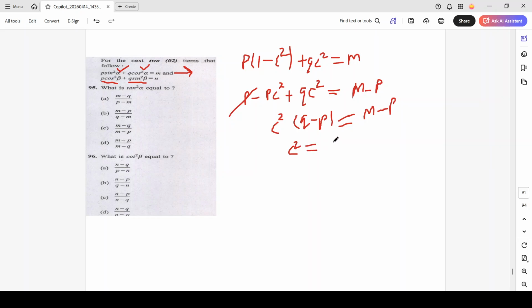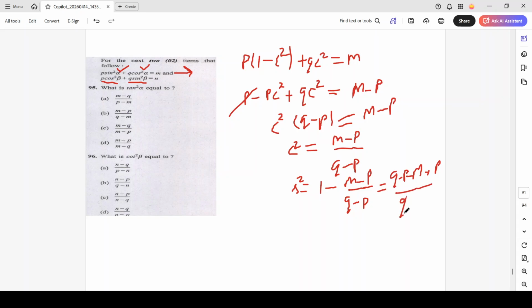Cos square alpha is equal to M minus P upon Q minus P. What will be sin square alpha? 1 minus cos square alpha, that means 1 minus M minus P upon Q minus P. Now putting Q minus P here, Q minus P minus M plus P upon Q minus P. So P cancels out and this becomes Q minus M upon Q minus P.